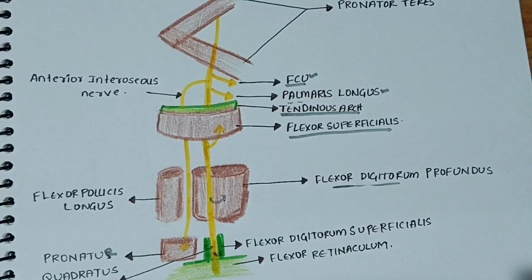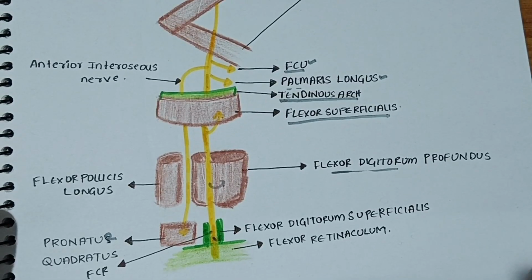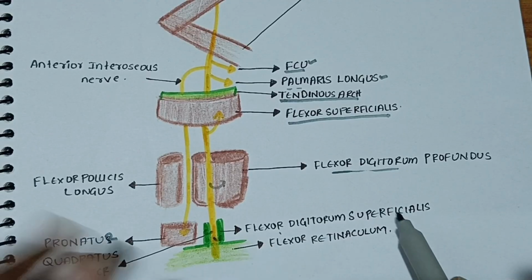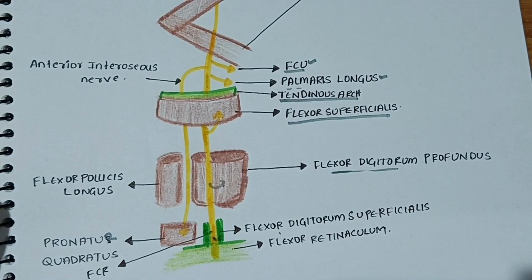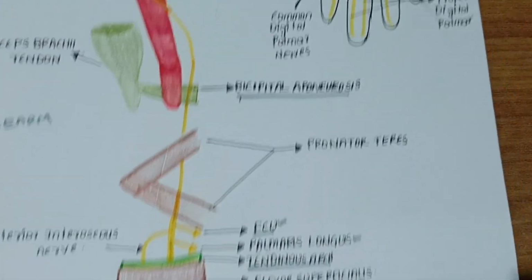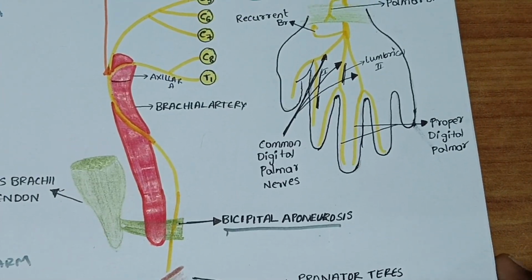Before crossing the flexor retinaculum, it is going to supply the tendons of flexor digitorum superficialis and flexor carpi radialis. Now, after crossing the flexor retinaculum, it is entering into the hand region.